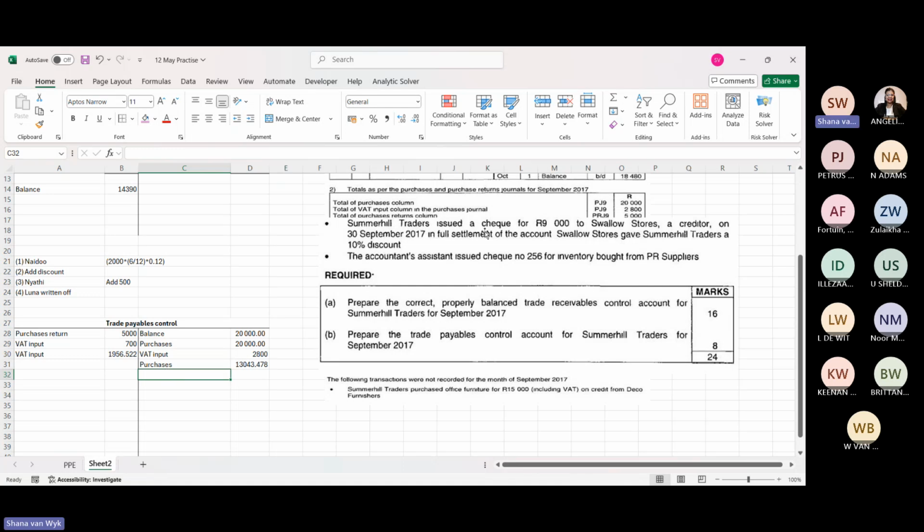Okay, we are paying our account. So we had discount, so we're not gonna pay the whole amount, meaning that it's gonna be that 9,000 minus that 9,000 times your discount. So this is the amount we actually paying.